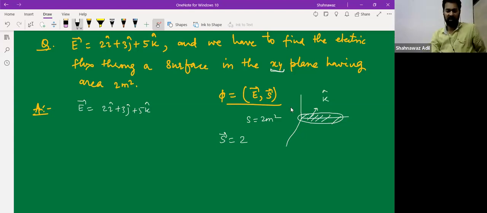Let's say you have some wall, and the wall is in the X direction and the Y direction. So perpendicular to the wall would be another direction, the K direction.